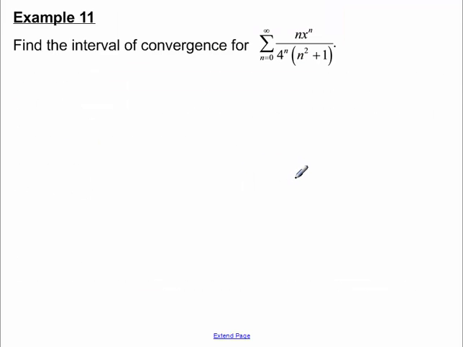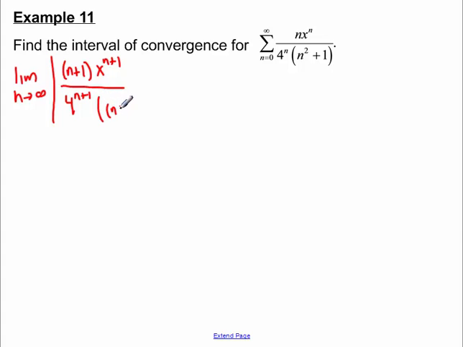Okay, so for the first example, like I was just saying, we use the ratio test. So we have the limit as n goes to infinity. Now this one's kind of crazy. We have (n plus 1) x to the n plus 1 over 4 to the n plus 1 times, in parentheses, (n plus 1) squared plus 1.